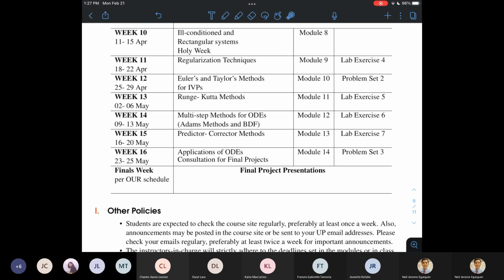I am inclined to add 1 week for systems of nonlinear equations, and then keep 1 week as a buffer week. Is that okay? Or do you want to make the most of Math 175 and have me add another topic for 1 week? What do you guys think?